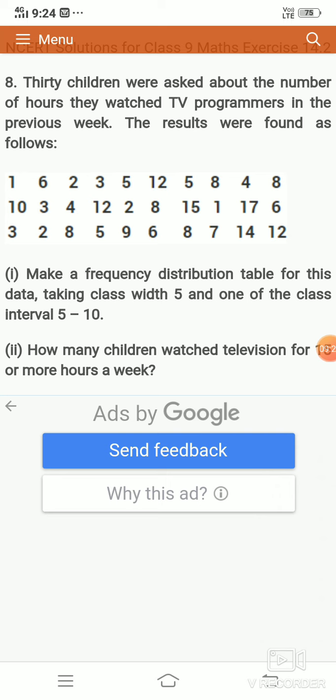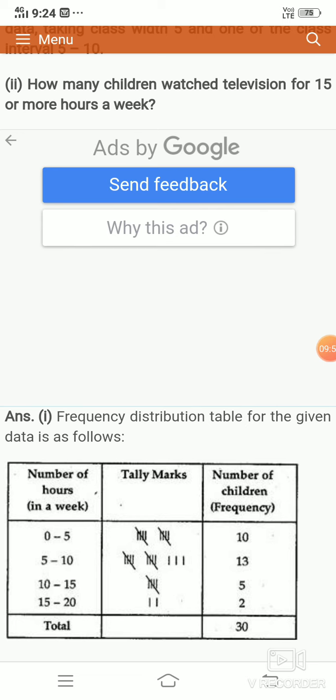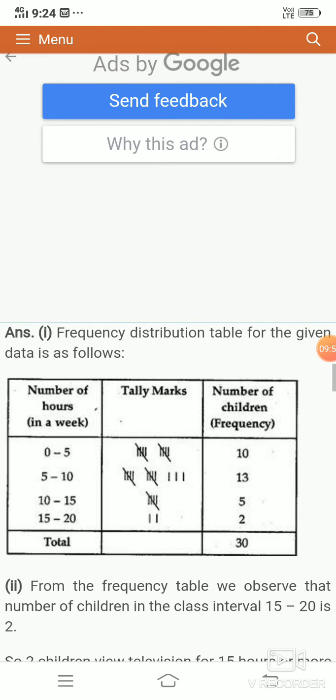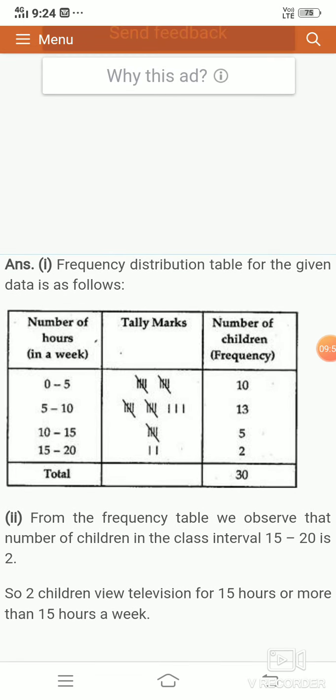So using the minimum number and the maximum number you decide the class size and class interval. So here, the first column, number of hours in a week: 0 to 5, 5 to 10, 10 to 15, 15 to 20. Here the width and class size are given, that's why it's 0 to 5.